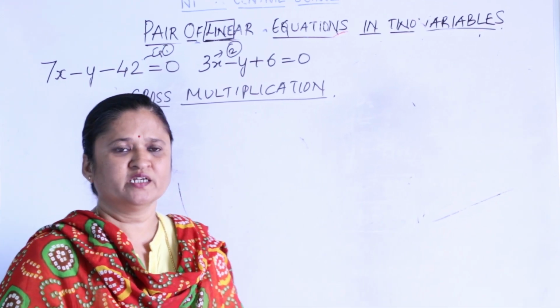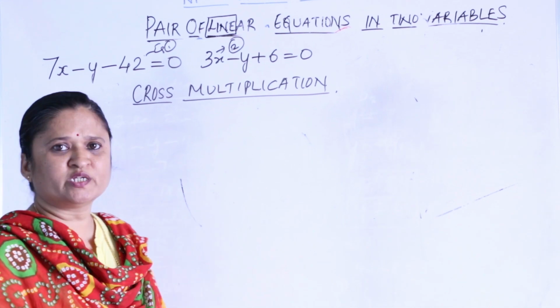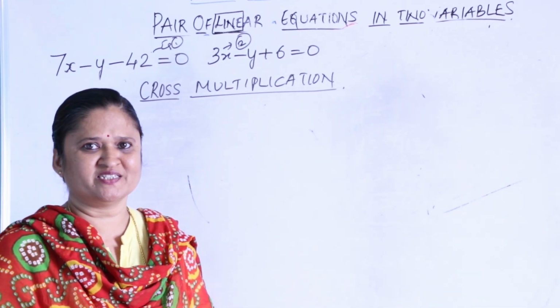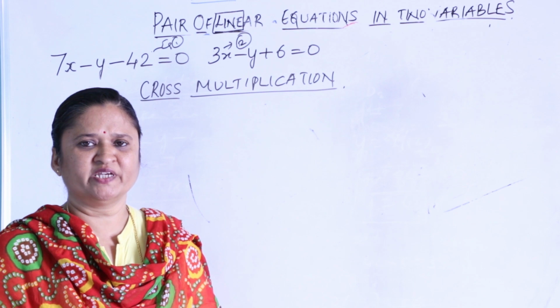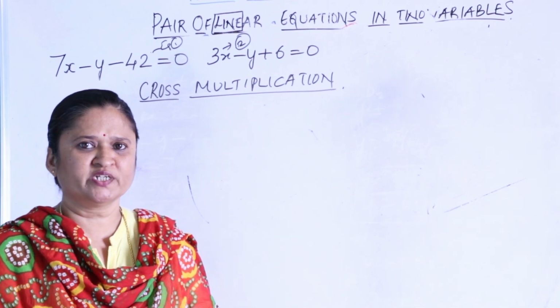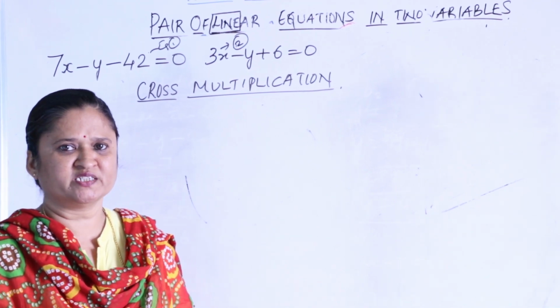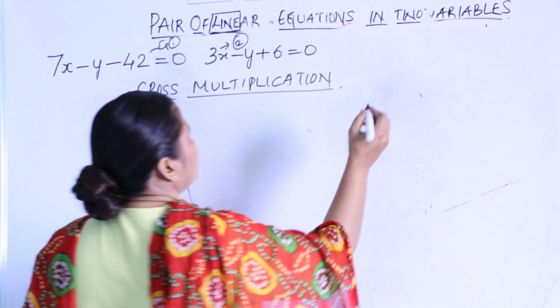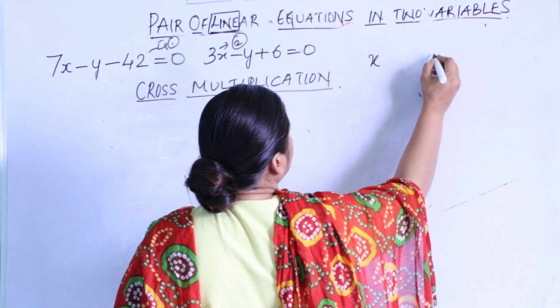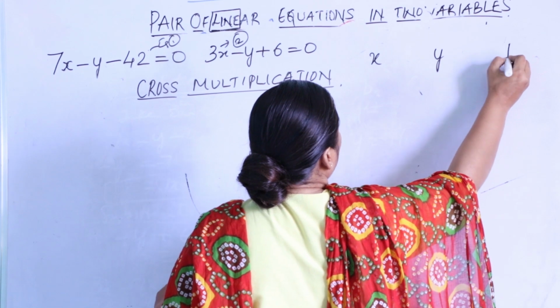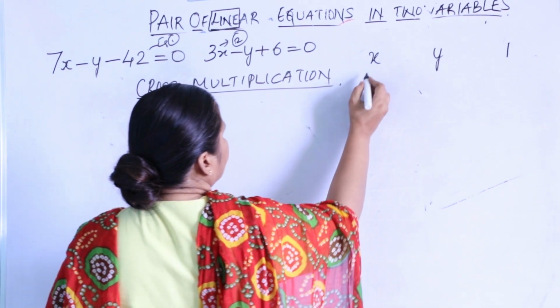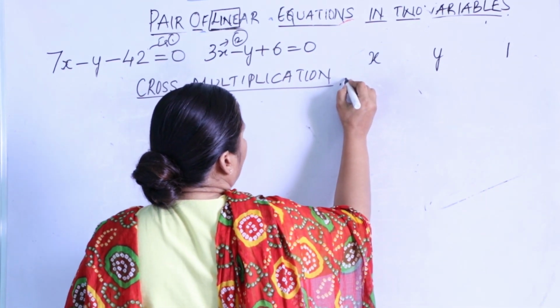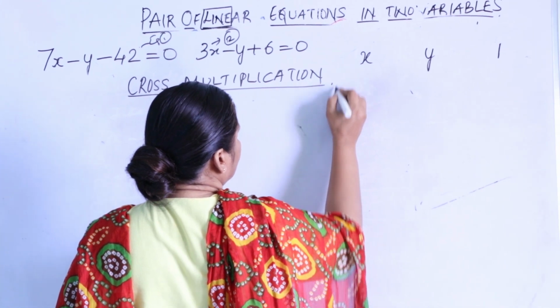Now let's understand how to solve these equations using cross multiplication method. Before we begin that, I will show you a trick to remember cross multiplication method. Here we have to write x, y, 1. Then in the borders, we are going to write values here.